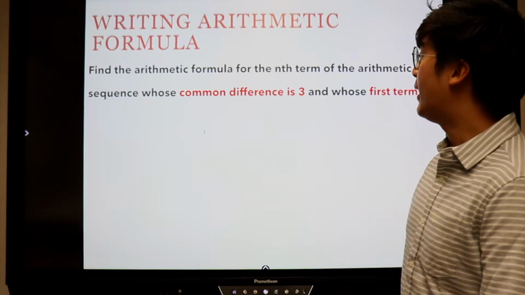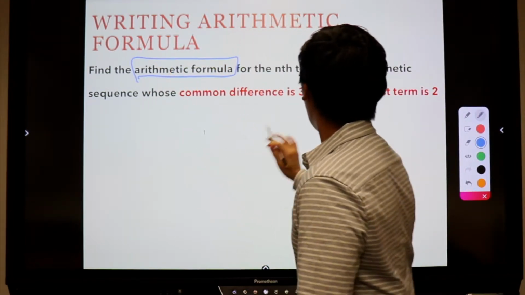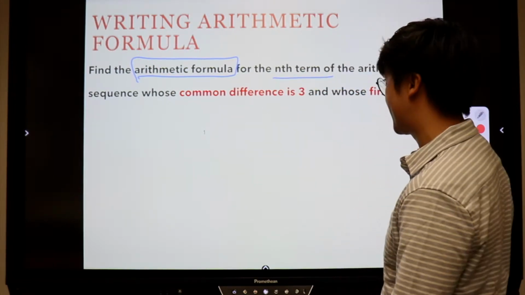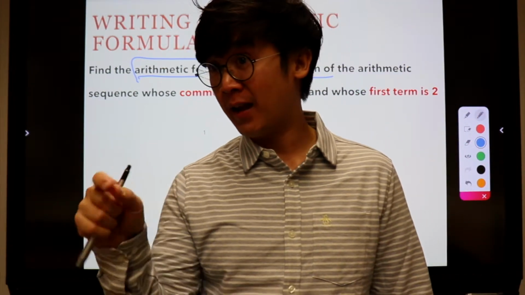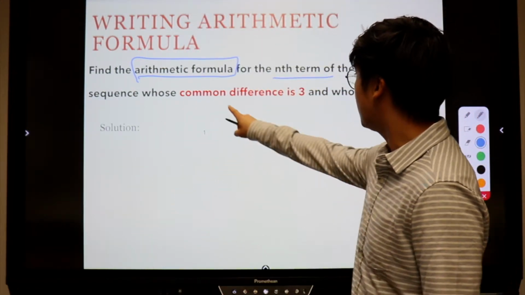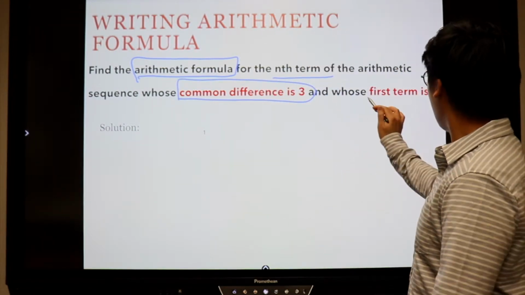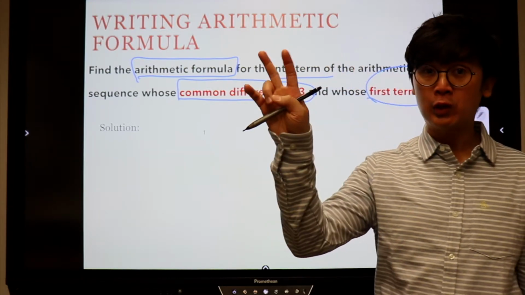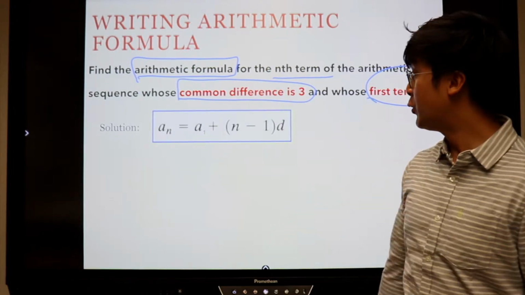We're going to find the formula for this arithmetic sequence, and we have some clues. The common difference is 3, and the first term is 2.